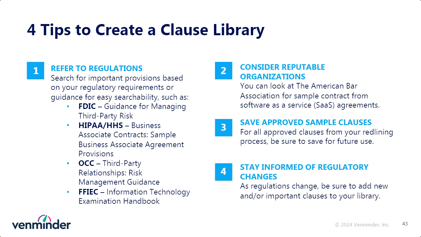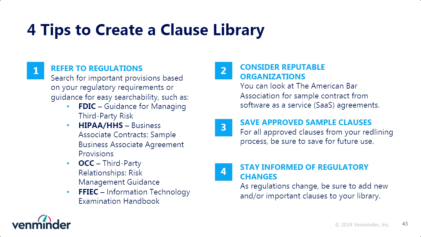Here's a few helpful tips to create a clause library. One is refer to the regulations. Again, search the important provisions based on your regulatory requirements for guidance. For example, the FDIC for managing third-party risk, HIPAA and HHS, which is business associate contracts and sample business associate agreement provisions.